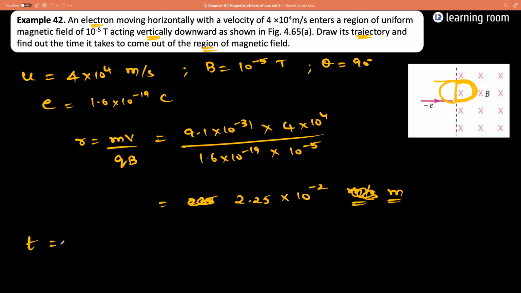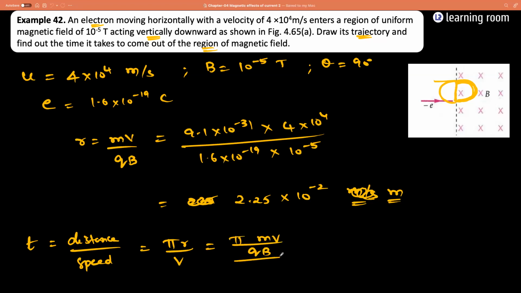So the time it takes to come out is going to be distance by speed. So the distance is going to be pi into r divided by the speed v. So pi into mv divided by qB divided by v. So this and this get cancelled. Pi is 3.14. Or I can actually do one thing. In the place of r, I can substitute this 2.25. In the place of v, I can substitute this 4 into 10 power 4. Once you substitute and calculate, you will get the value of time.